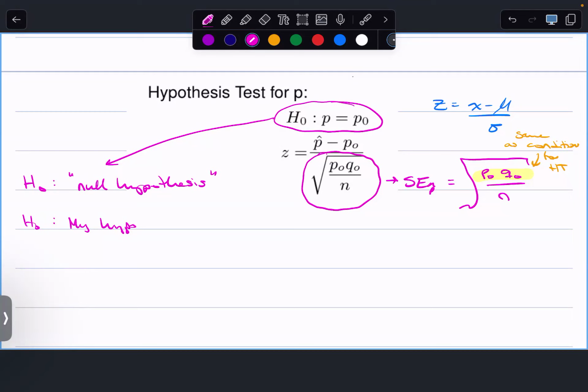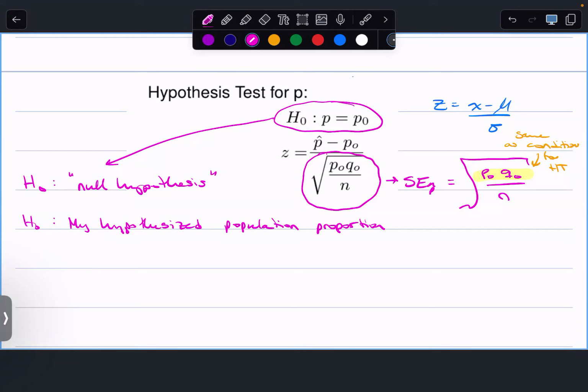Things like that, right? We've got this idea, and then we go out and we test it, and then we draw a conclusion. And so this is going to be my hypothesized population proportion in this case, because we're doing a hypothesis test for P.